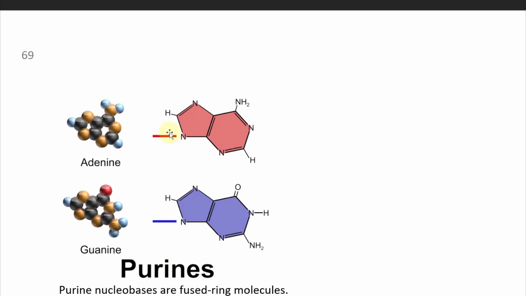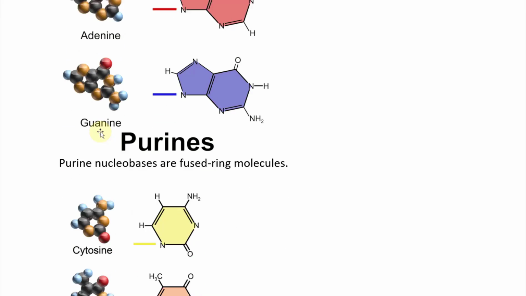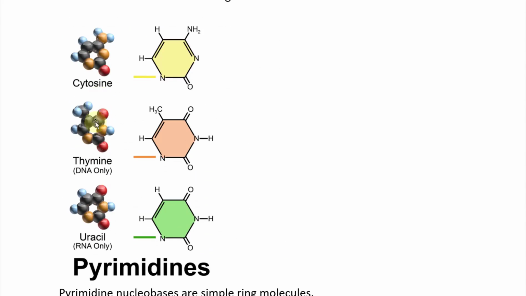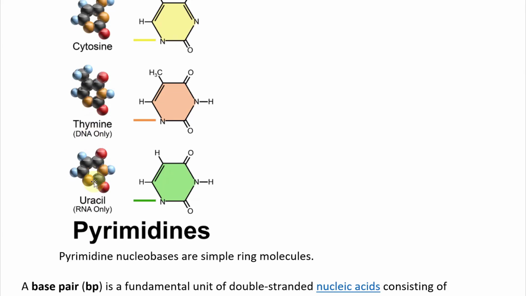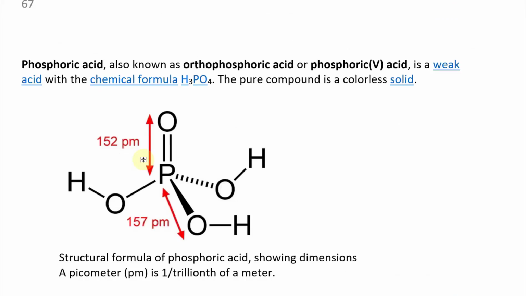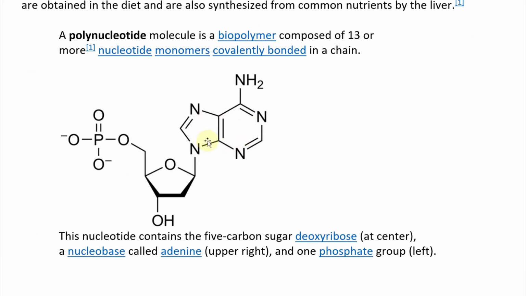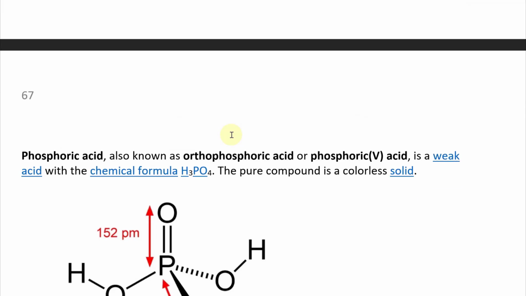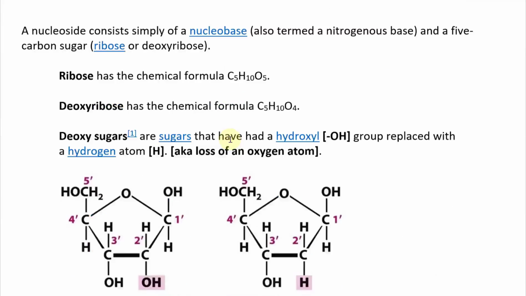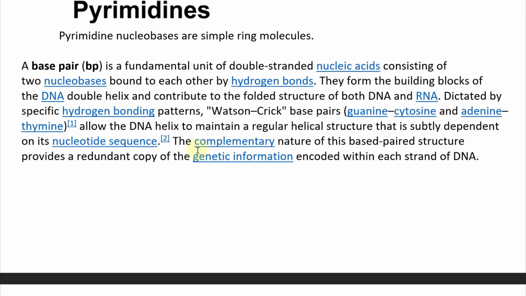The fused ones are A and G, while C, T, and U are single, simple ring molecules. So if you go back up to our starting point of the nucleotide, this one is a fused ring, so it is going to be a purine, and not a pyrimidine. So yes, very fascinating stuff.